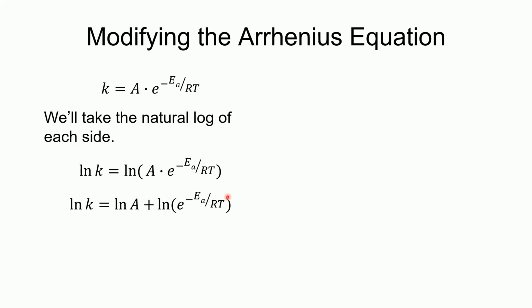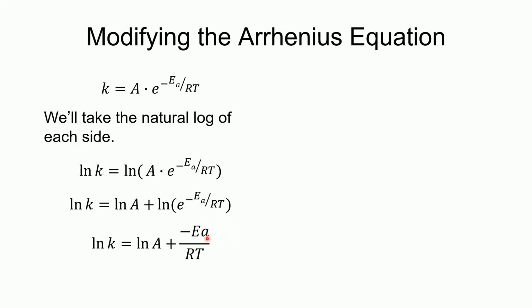Natural log of A, we're just going to leave that alone. But the second part, where we have the natural log of e raised to the negative EA over RT, well, e is the base of the natural log. So the exponential function and the natural log function are inverse functions, meaning that for the natural log of e to this, we're just going to take the part that is the exponent, and we will get this.